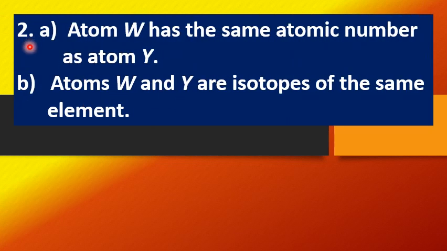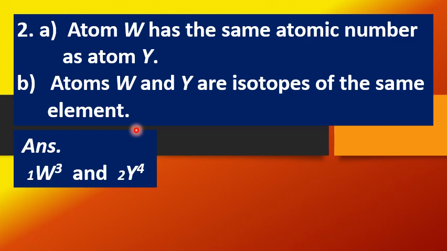So for question number 2, we have the first statement. Atom W has the same atomic number as atom Y. And the second statement, atoms W and Y are isotopes of the same element.